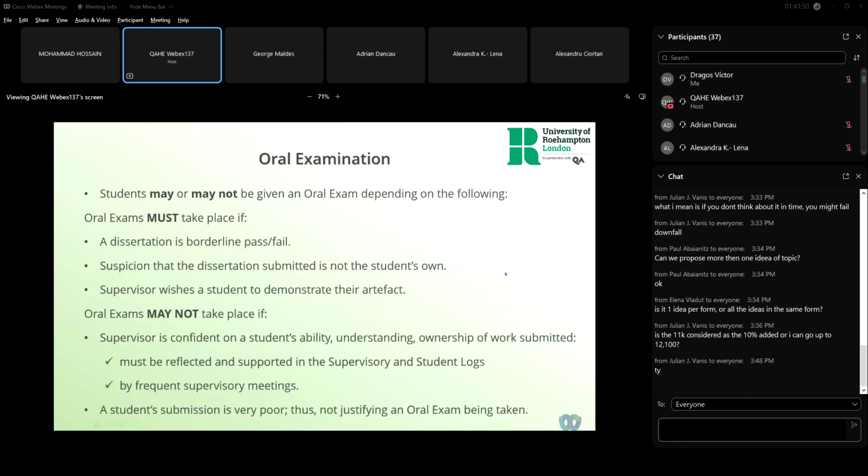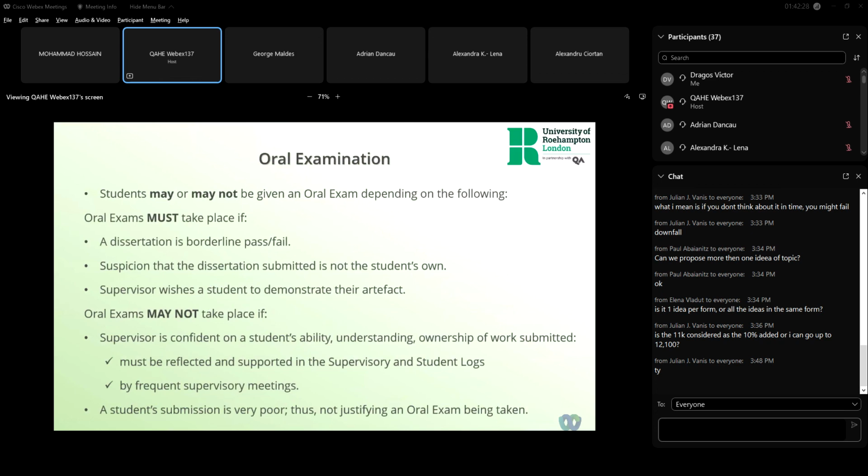If you want to be sure that you're not going to get an oral examination, then what you do, through the process of supervision during semester 2, you give confidence to your supervisor that it's your work by meeting the supervisor, by attending supervision sessions, by being prepared for them, by showing your supervisor that you're progressing. Therefore, the supervisor knows it's your work, knows that you got involved, knows that you deserve the mark, right?